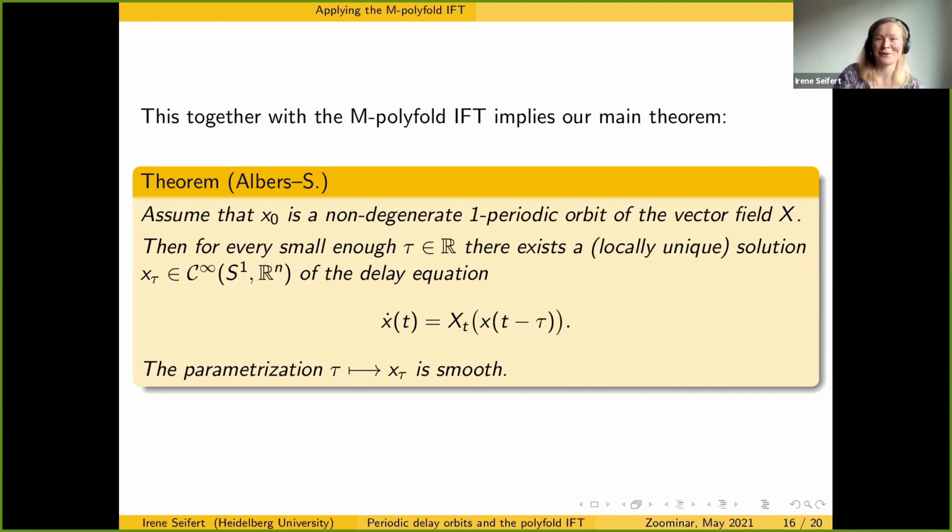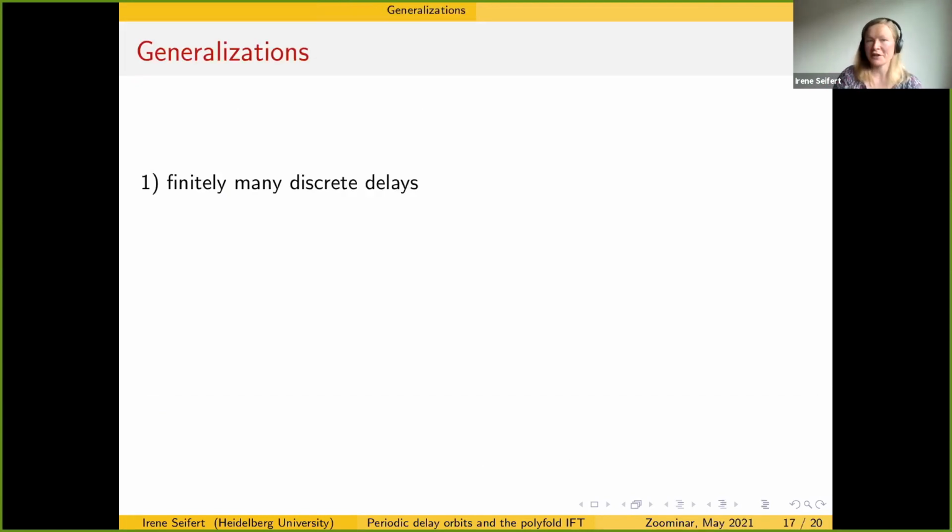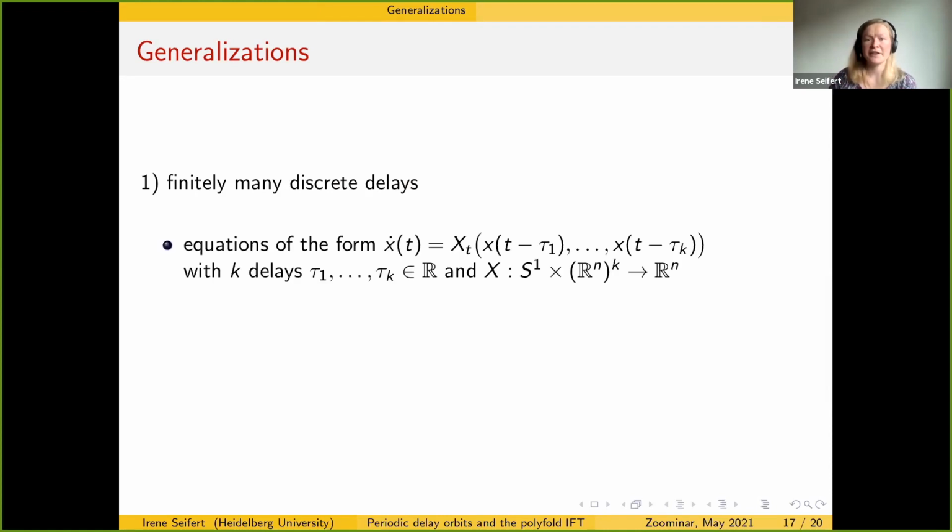Okay, I think I'm going very fast, so I have a lot of time for the generalizations. The first one was to finitely many discrete delays. And by this, I mean equations of this form, where we have a map, which is now not a vector field anymore, but just a map taking a time and k vectors in R^n and giving another vector. And we take k discrete delays, so k numbers in the reals, and evaluate the trajectory at these k different points in time.